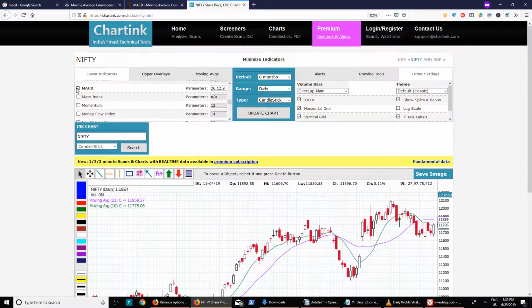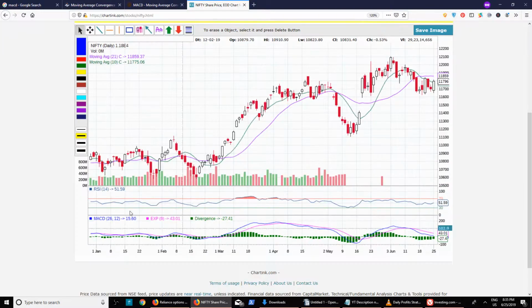Once you select this, you have to click on update chart just to make sure this is available, and this is the value here. Before I give you this value, I have to make you understand these three components. This is known as the MACD line, this blue line, and the pink line is known as the signal line.